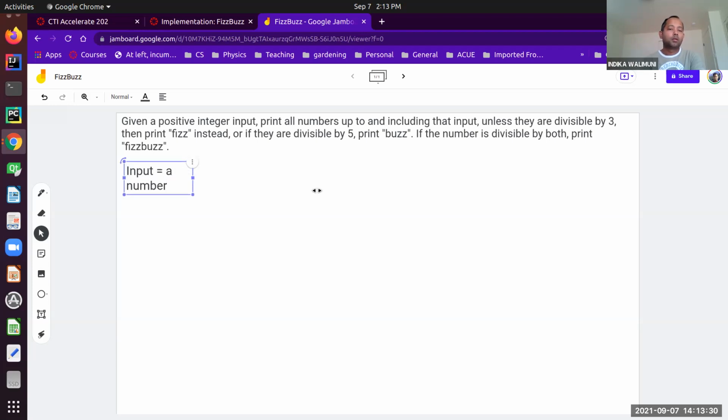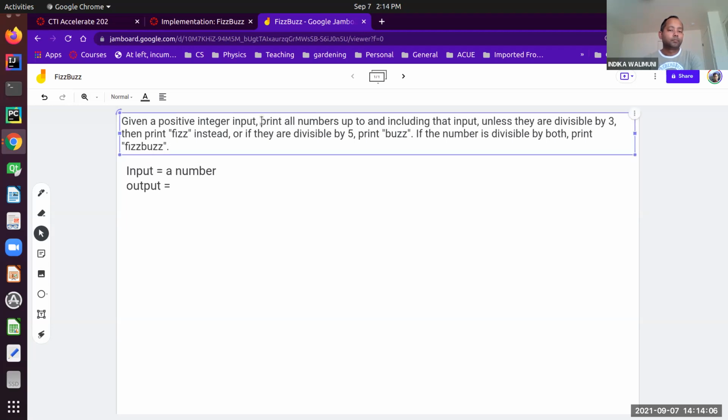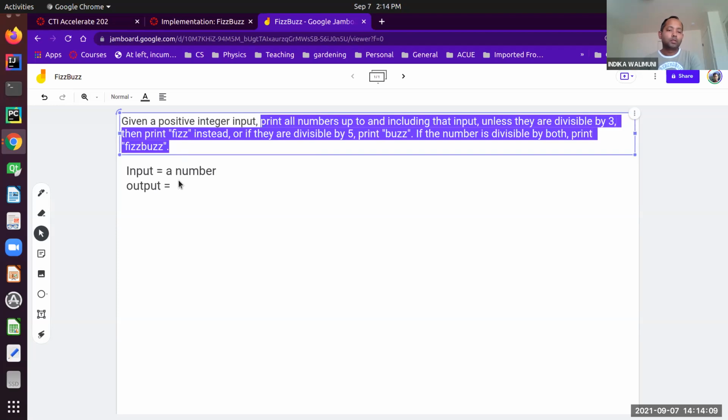And the output basically, if the number is divisible by 3, then it has to be fizz. If the number is divisible by 5, it is buzz, and if divisible by both, FizzBuzz. Otherwise, we just print the number. So basically, it's all this part, the output. So that's what we have to do, right?